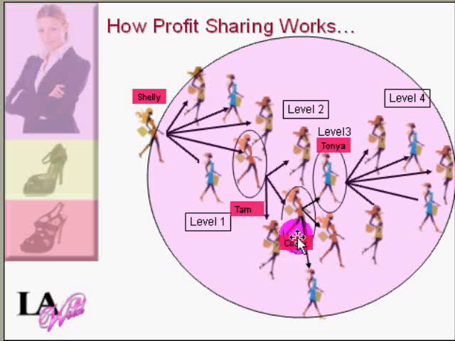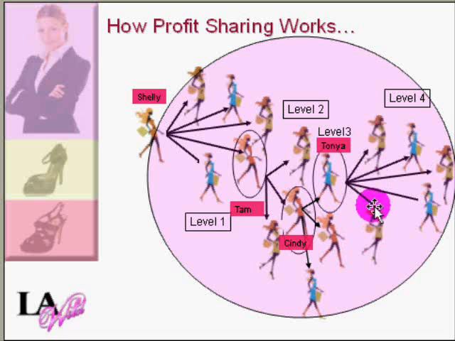And one of the friends in the level 2, her name is Cindy. Cindy's invited a number of people to the site, and this is Shelly's level 3, okay? And of Cindy's invitees, there's a friend named Tanya, and Tanya has in turn invited 5 people to the site, and these people are in Shelly's level 4.